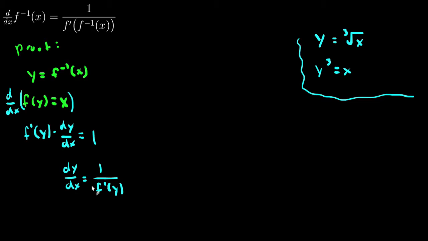And dy dx, the derivative of y with respect to x, is just the derivative with respect to x of f inverse of x. And this y here is just f inverse of x, and so we get 1 over f prime of f inverse of x. And so that's a quick proof.